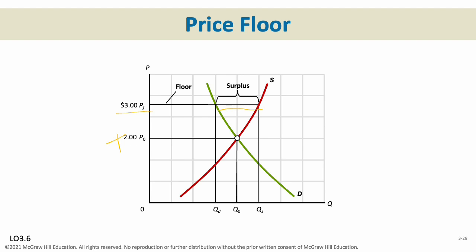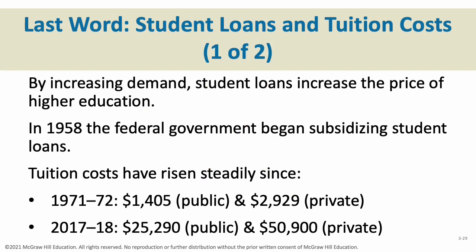We're going to finish up on our last point here pertaining to college costs and why you can argue that government subsidies can backfire. By increasing demand, student loans have increased the price of education. This is a completely true fact, and there is almost a direct correlation between this.